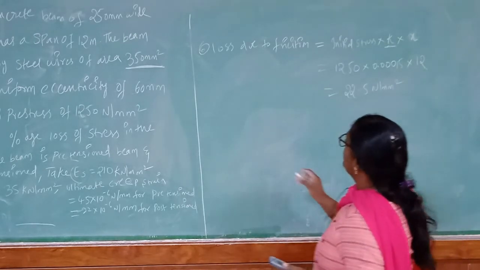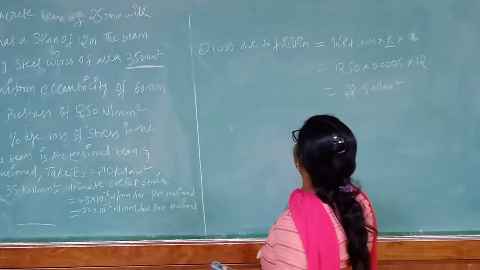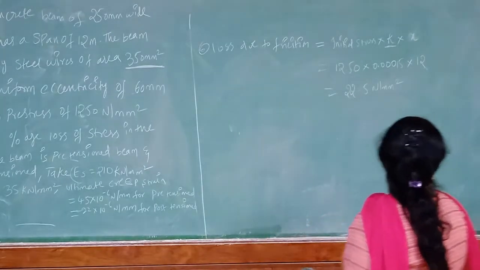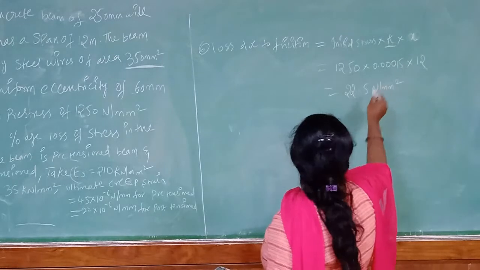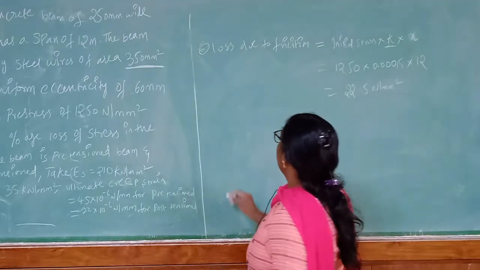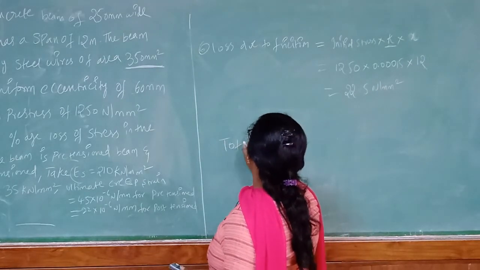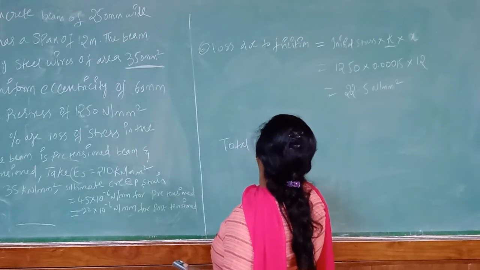So right, next we have got all the losses. K is the Wobble effect, please check it. Next we need to calculate the total loss.